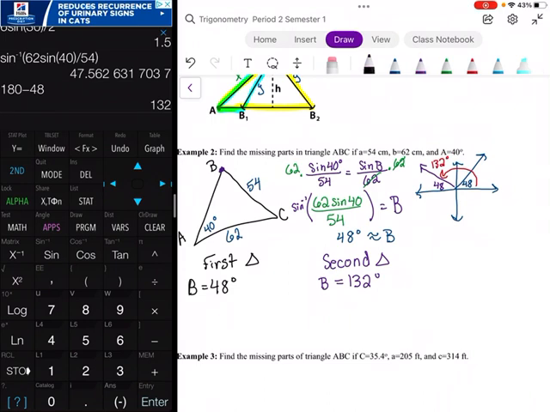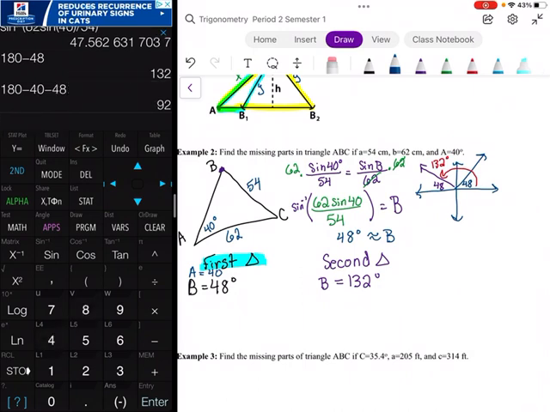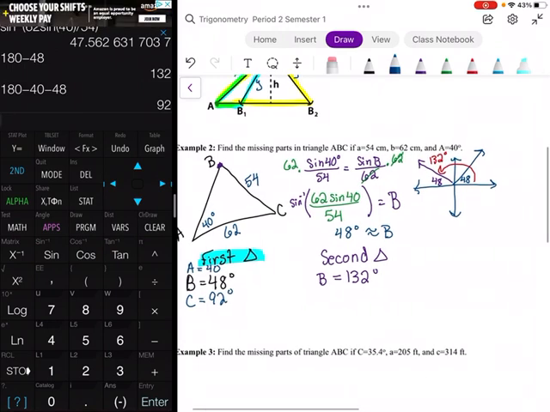So if we're looking at our first triangle right now, we know that B equals 48, and we had A equals 40. That leaves plenty of room for us to still have our third angle, which is going to be 92 degrees. So we know that C is equal to 92 degrees. Then we're going to check to make sure that it works in our second triangle.